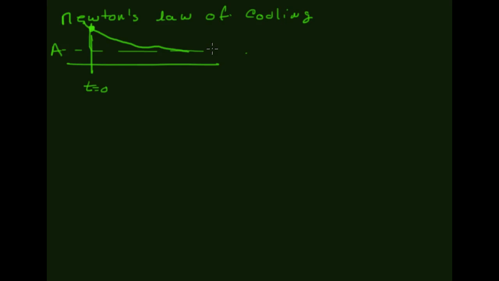Okay, so let's build an example of this. Let's say that we have a situation where the ambient temperature is 60 degrees, and the temperature when we take it out of the oven is 100 degrees. And the temperature at time 10 has dropped 10 degrees. So in, let's say, 10 minutes, it's dropped 10 degrees.